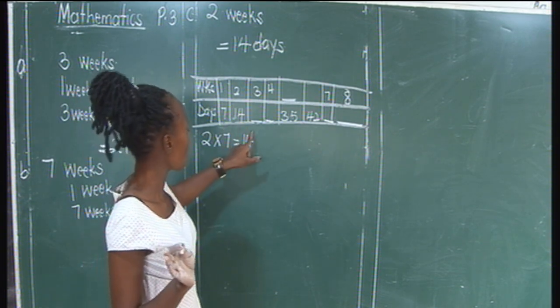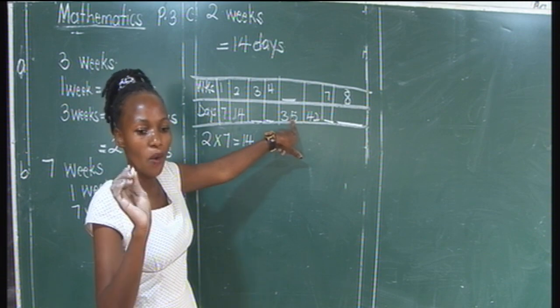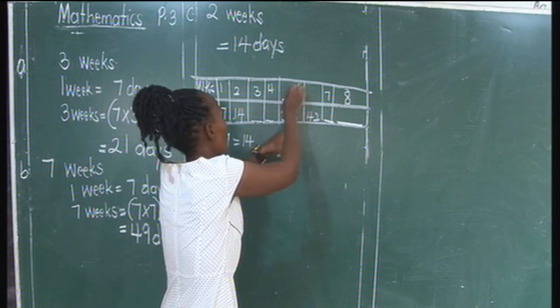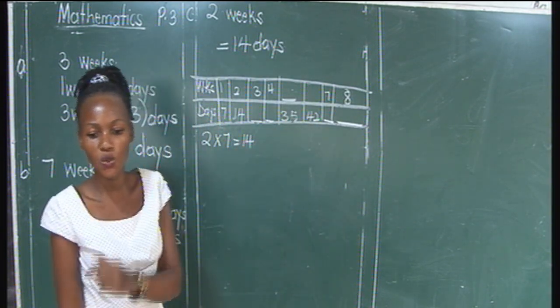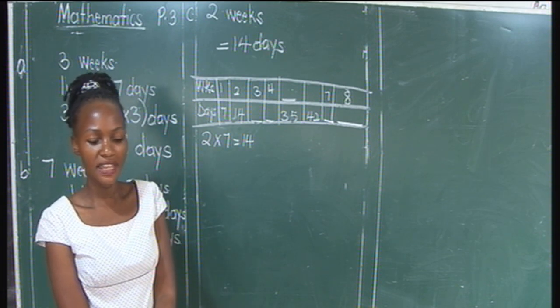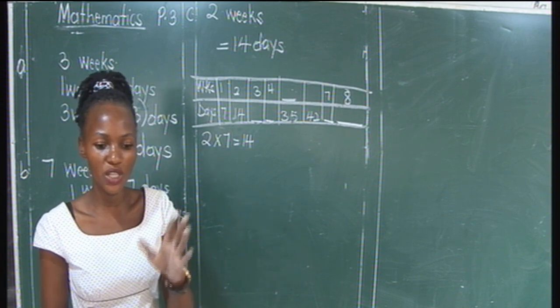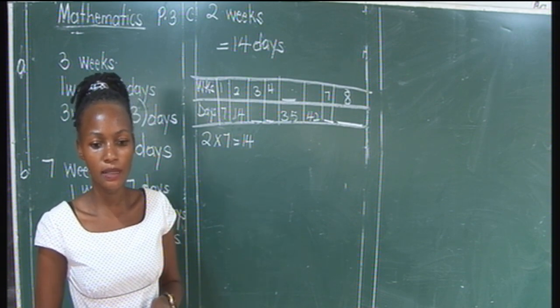What about if they've given you the days and they want you to change the days into weeks? What do you do? Who can try? If they've given you the days, they want you to change them into weeks. What will you do? Yes, Bella?